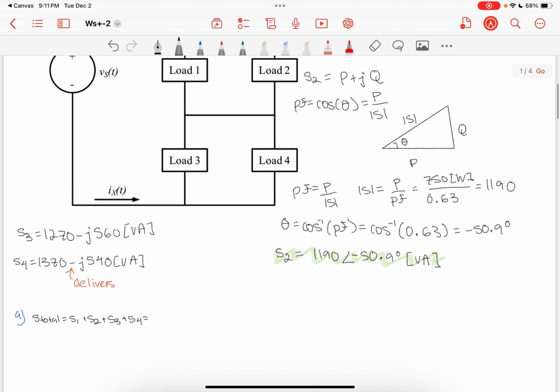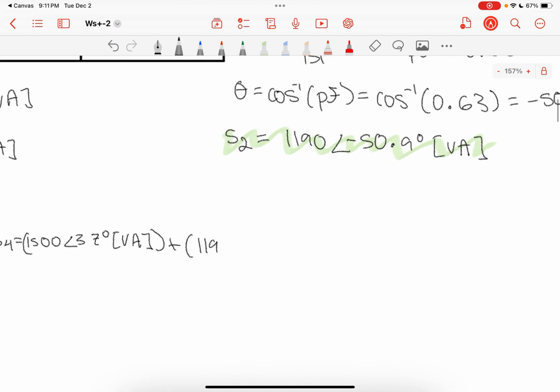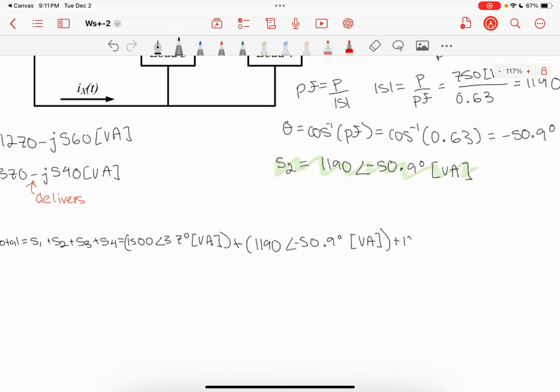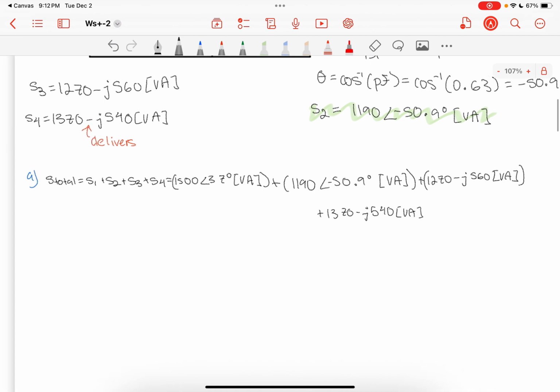So that's going to be 1500 with the angle of 37 volt amps, plus 1190 angle negative 50.9 degrees volt amps, plus 1270 minus J560 volt amps, plus S4, which is 1370 minus J540 volt amps. And I'm just going to plug all of this into my calculator.